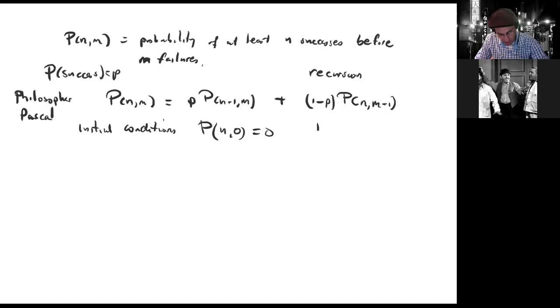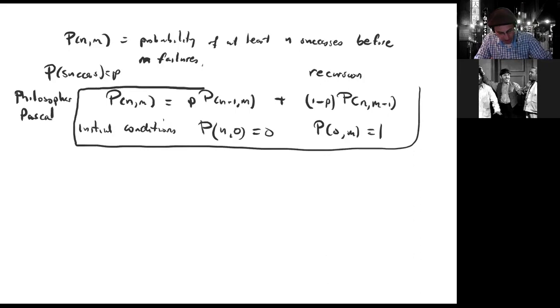And the probability of making no successes before making m failures is exactly 1. Right, so these are the initial conditions of the problem. Okay, so the book basically points out that this is called a recursion relation or a recursion equation.